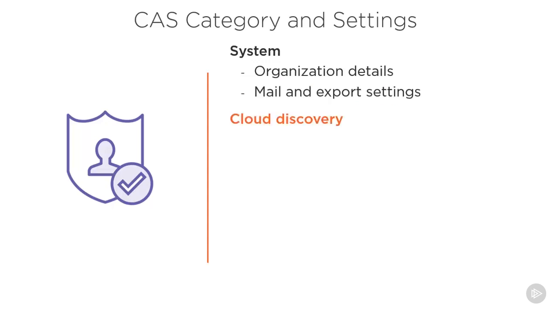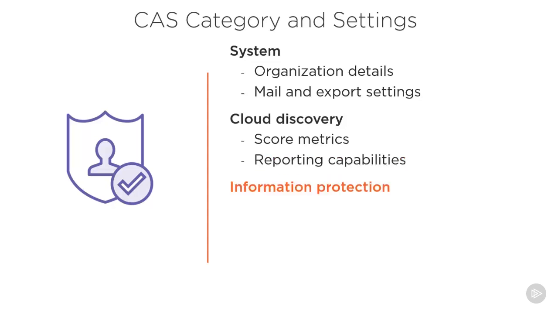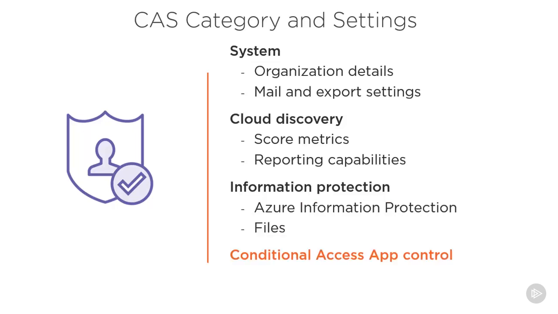And in Cloud Discovery, you're going to find options regarding the score metrics, and we have reporting capabilities available within this category. In our next category, called Information Protection, you're going to find the Azure Information Protection configuration options, and you'll have options for configuring files. Our last one is the Conditional Access App Control, and within here, we can monitor our users, and we can specify the default behavior that occurs when our users are accessing cloud services.